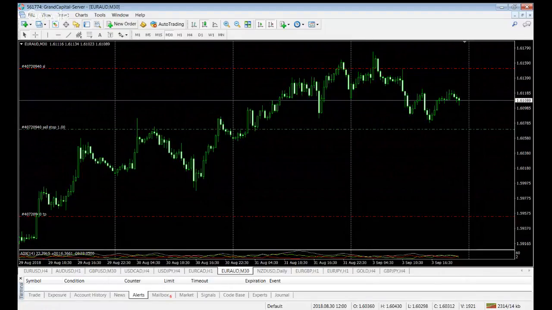You need to be covering part of your profit. So use your trailing stop. Maybe you use 100 points, maybe 300 points, maybe 400 points. It depends on how the market moves. Let's use 300 points now.